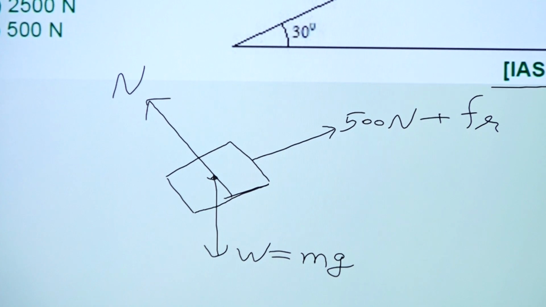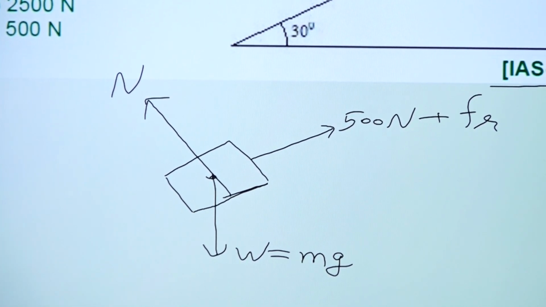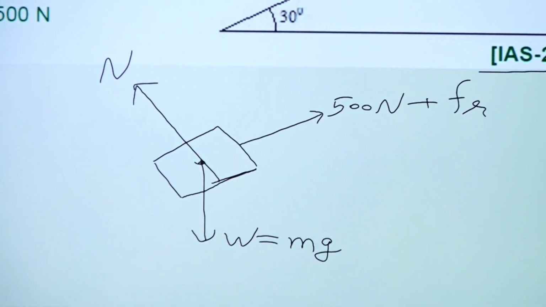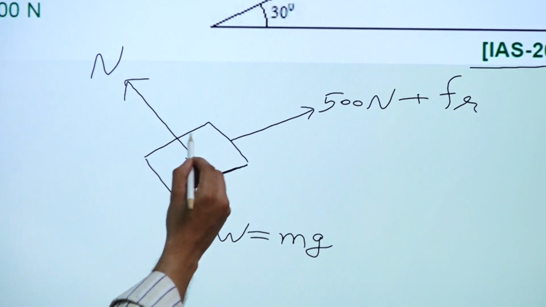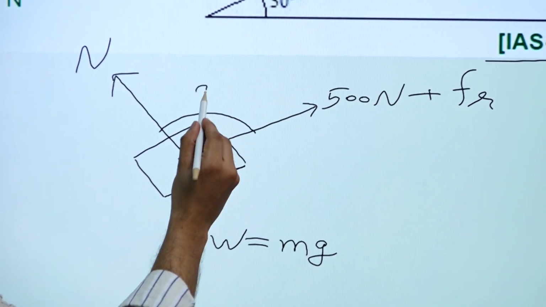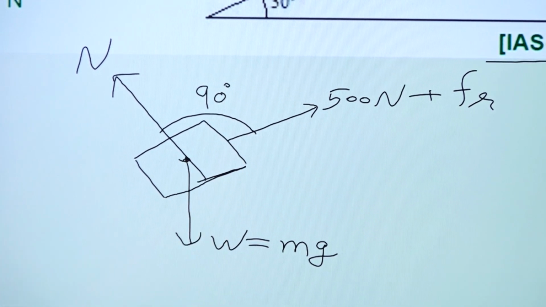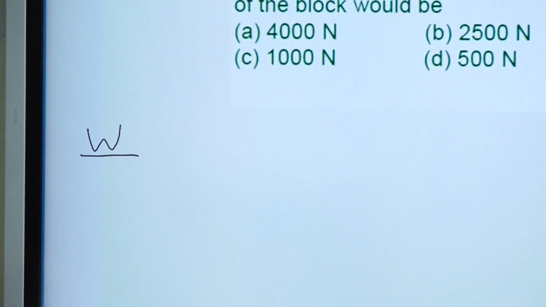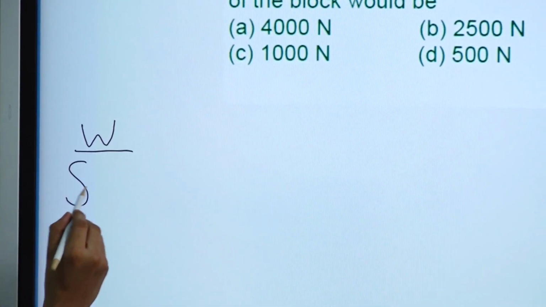Just after seeing this diagram, we know we are going to apply Lami's theorem or the sine law, because we have three forces and the angles between them. The angle between the normal force and this force is 90 degrees, in front of W. So first we write W divided by sine 90.